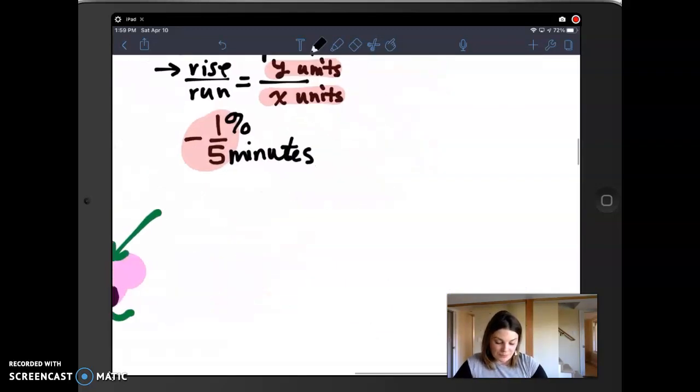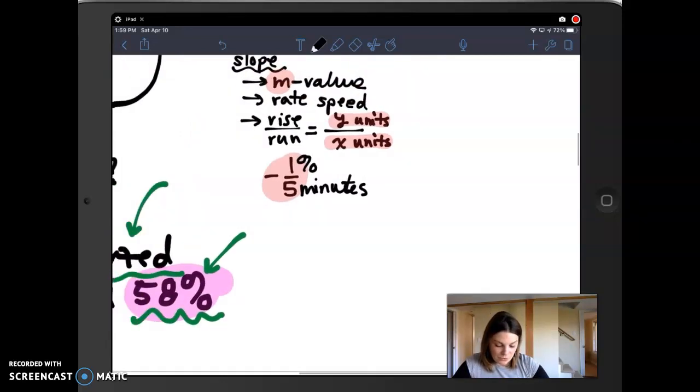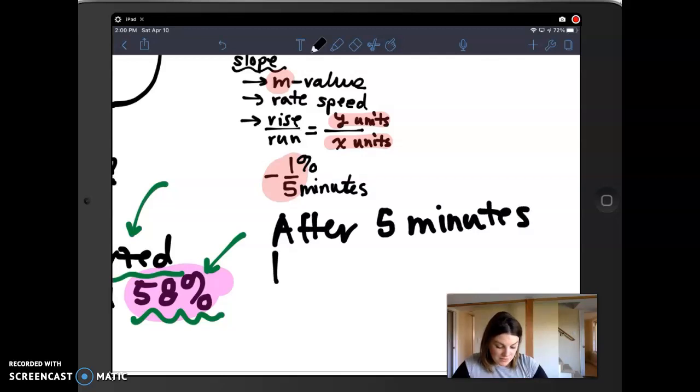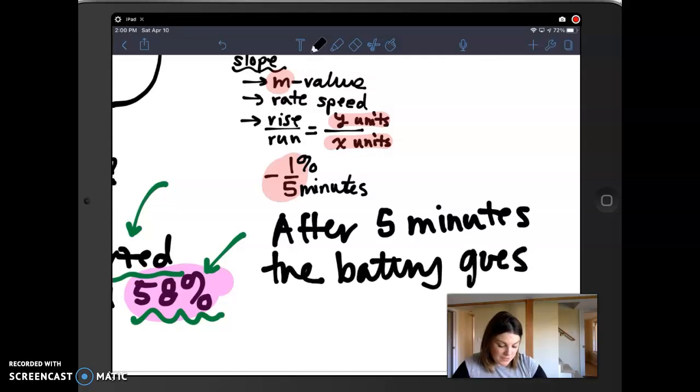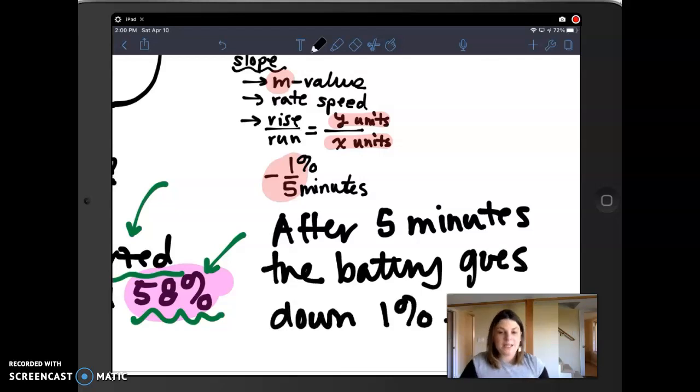We're going to say, after 5 minutes, the battery goes down 1%. So that would be a really great explanation of our slope.